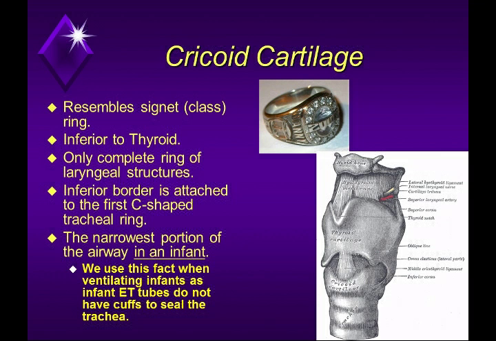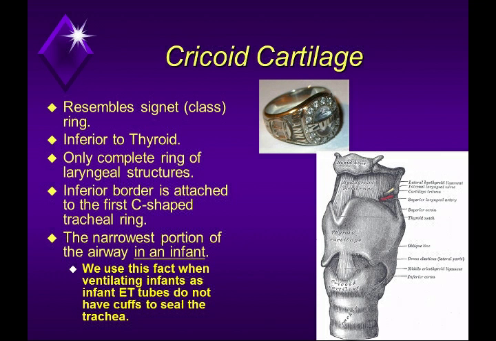Okay, it's inferior to the thyroid, so it's right below it. It is, big star by this one, the only complete ring of the laryngeal structures. Everything else is C-shaped. Okay? From the thyroid cartilage on through to the trachea, they're all C-shaped rings. The only complete ring is the cricoid. Okay?